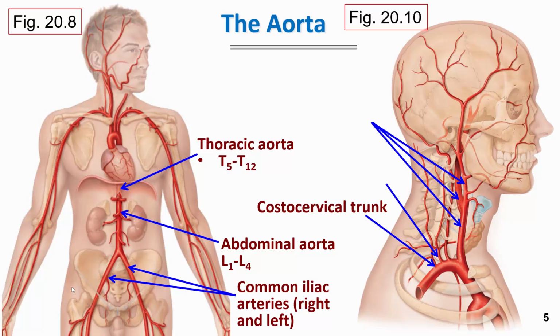Moving back to the upper extremity, to the head and neck, the costocervical trunk refers to this major structure illustrated as it forms this branch, and the thyrocervical trunk is another branch coming off of the right subclavian artery.